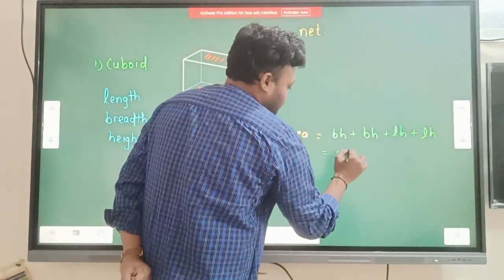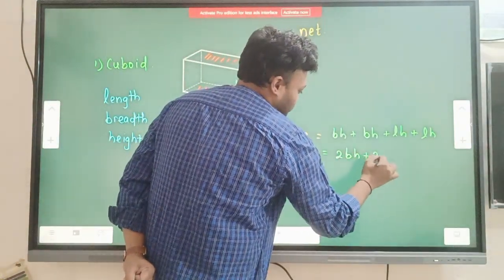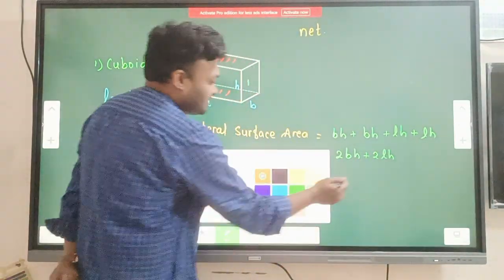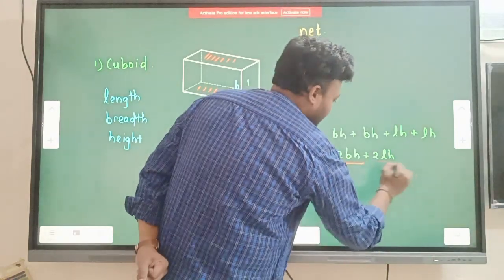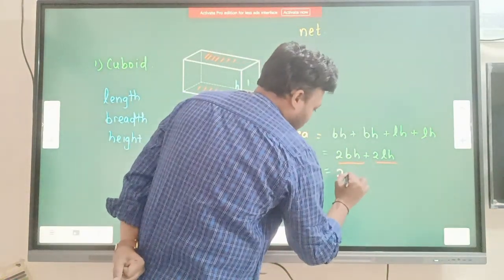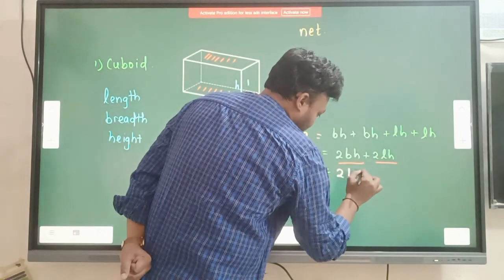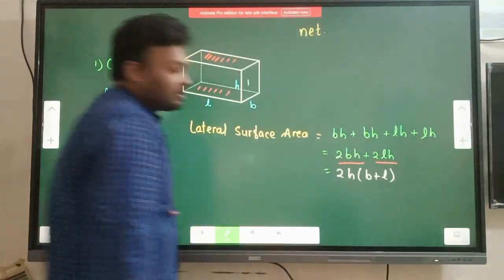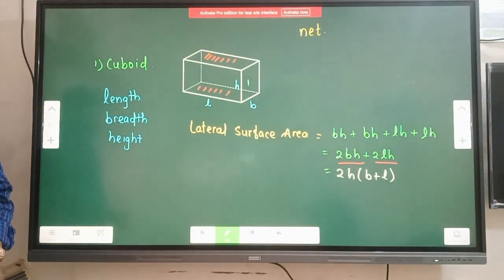So 2BH plus 2LH. What can we take in common? We have 2 in common, and H in common. So 2H in common, (B plus L). So this is the formula of lateral surface area.